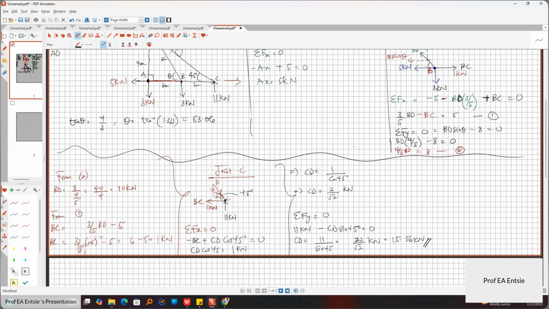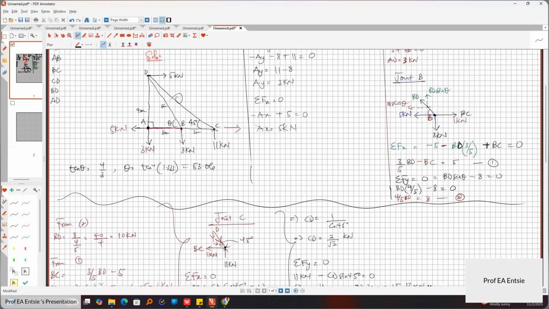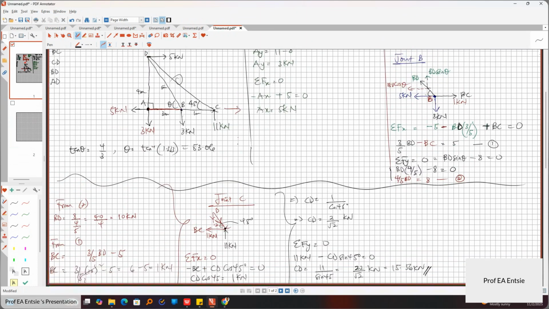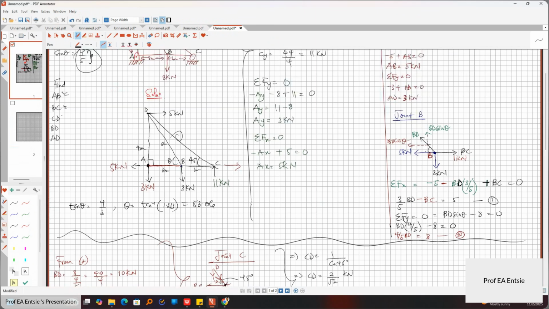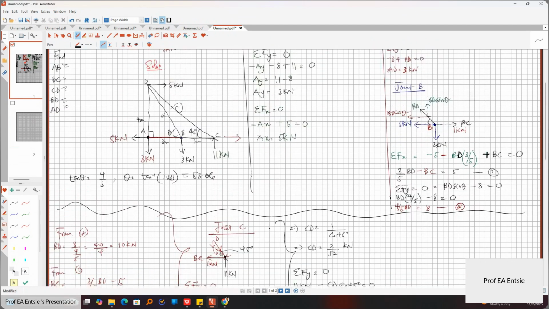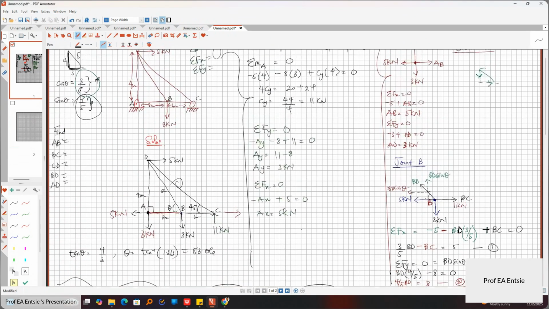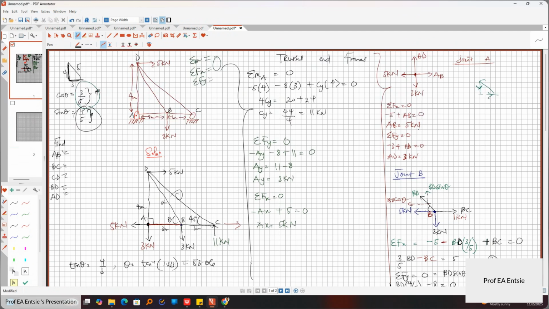So now we ask ourselves, have we found everything? Yes, we found everything. So you put the values here: AB, BC, CD, AD. AD is what we did first. And what did we get for AD? AD was the same as, let's come to 28, 3 kilonewton. So 3.